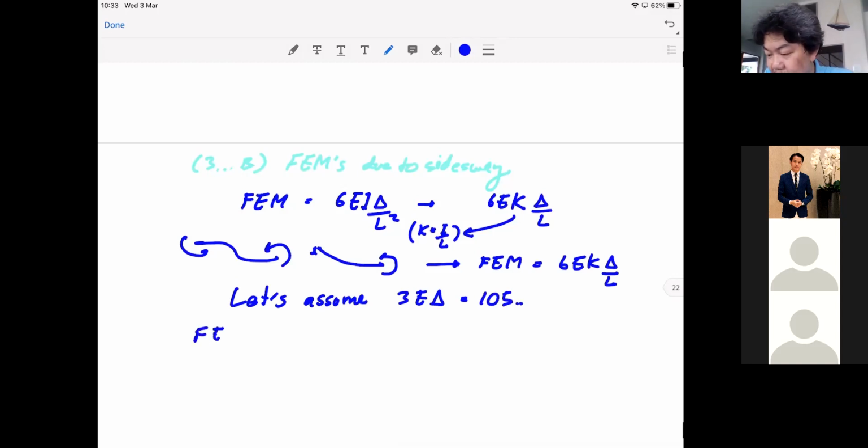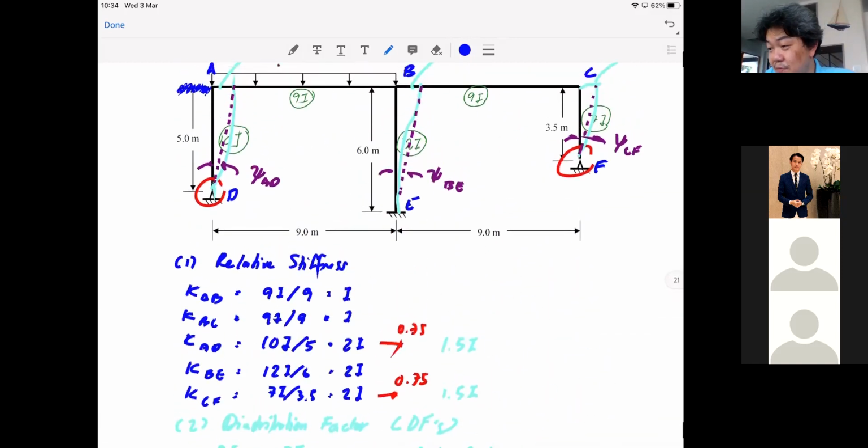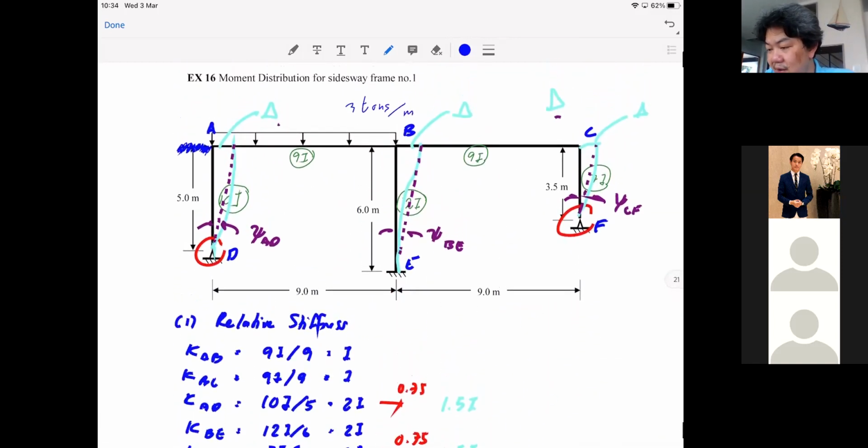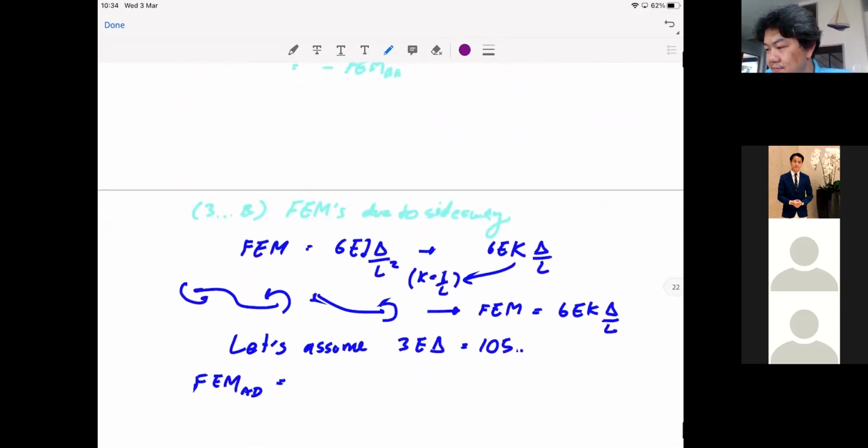So FEM AD, okay, because let's assume that everything goes to the right, and your frame will sway clockwise. You see that? Your columns are going clockwise, so your fixed moment should be counterclockwise.